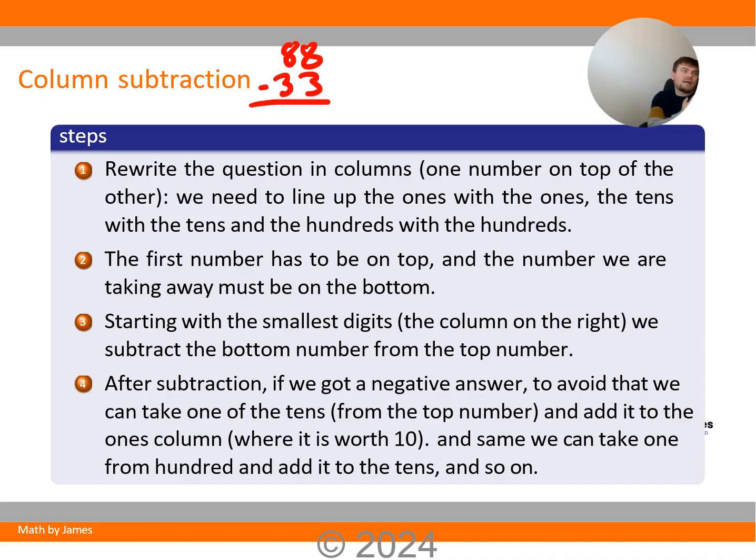If we count back 3 from 8, we know that we've got 7, 6, 5. So we can put 5 here, and we know we've got exactly the same for this one here also. So we've got 5s, so it's 55.